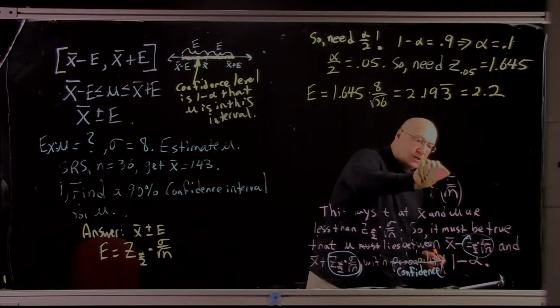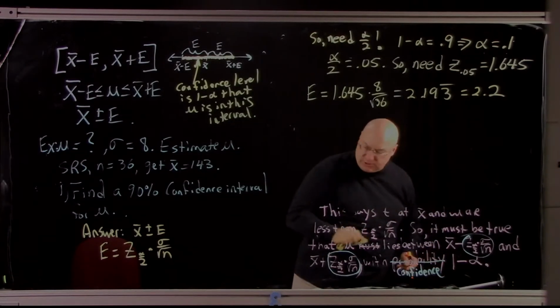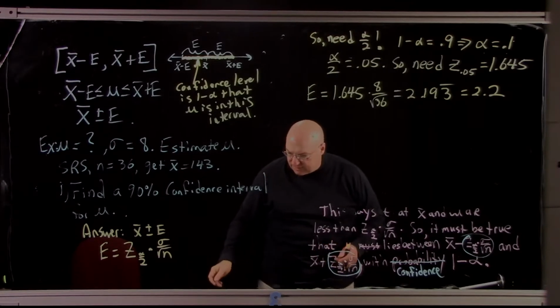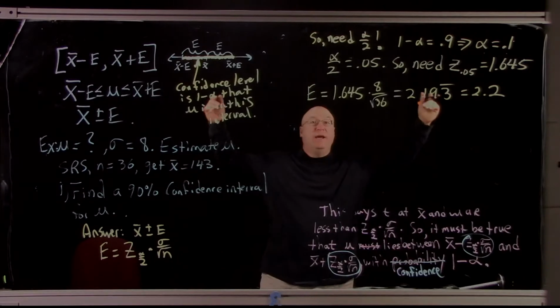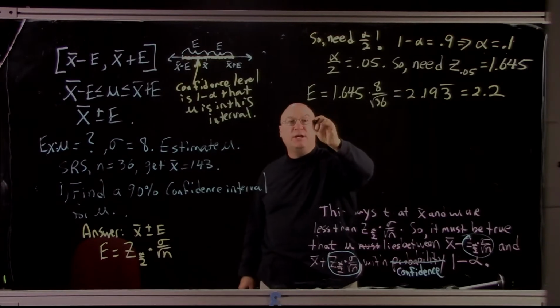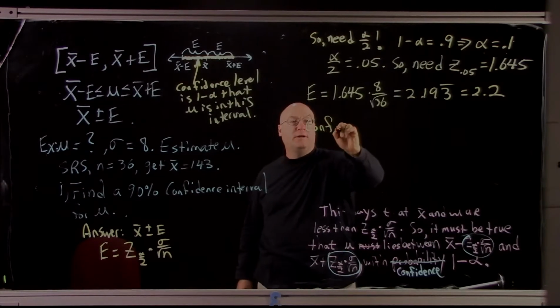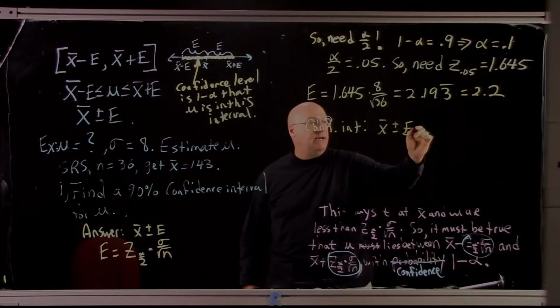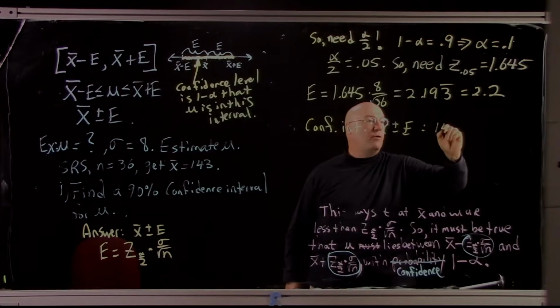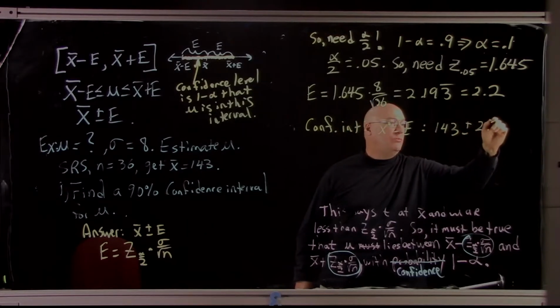I should have written this as 143.0, and maybe before I post this, I'll make it 143.0. So it is to the nearest tenth. Anyway, that's our margin of error. So our confidence interval, x bar plus or minus e, is 143 plus or minus 2.2.